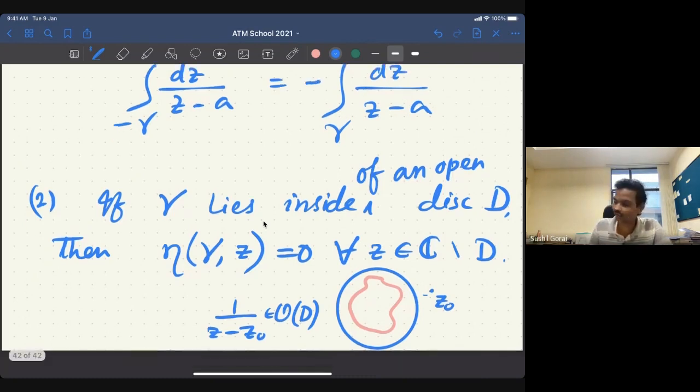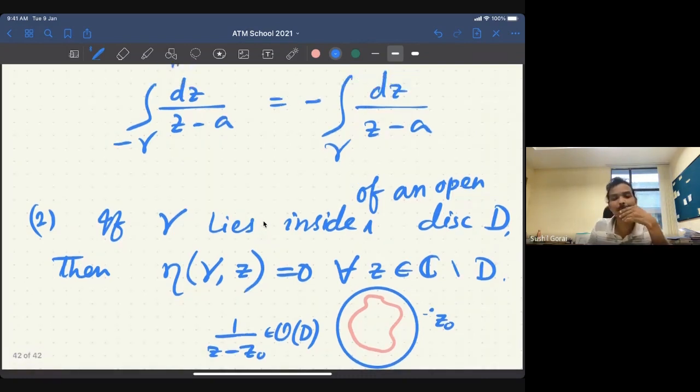That would give you integration 0. All right, is this clear? Yes, sir.